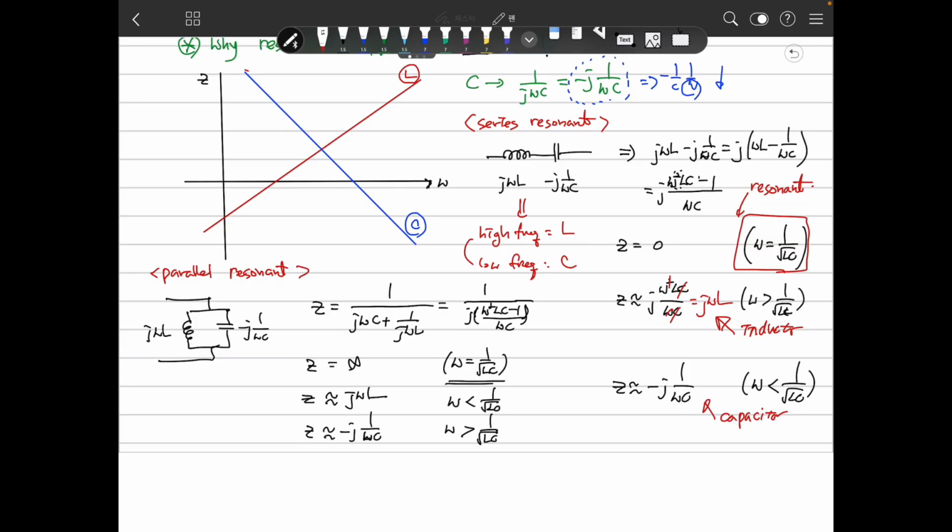So at low frequency this is an inductor and this is a capacitor, and the center frequency is the resonance. This is the reason resonance happens: the inductor has a positive imaginary impedance and the capacitor has a negative one. Because of that, we get resonance.